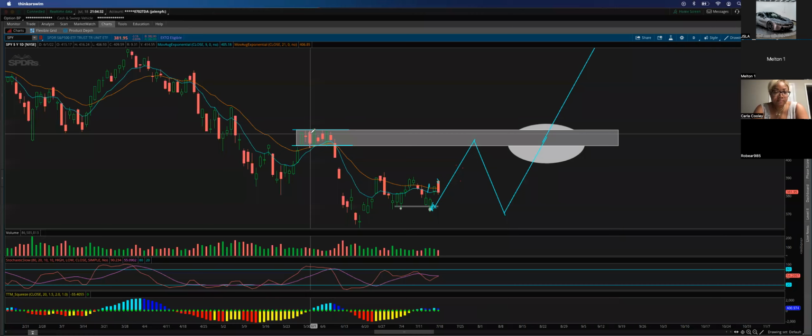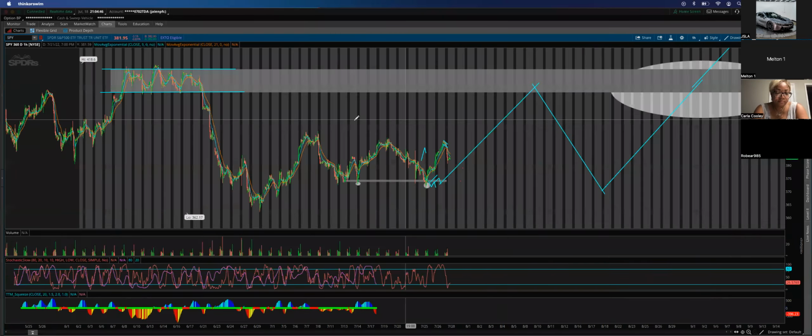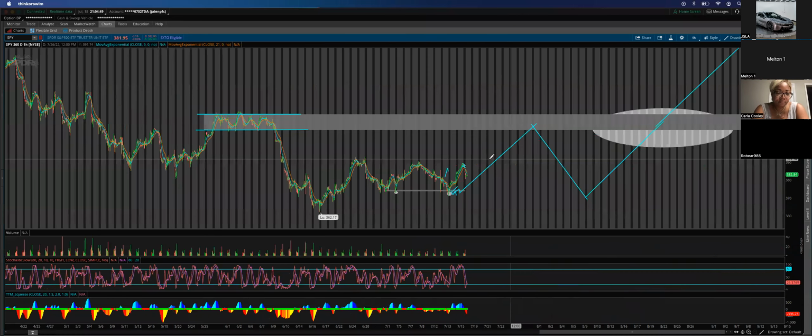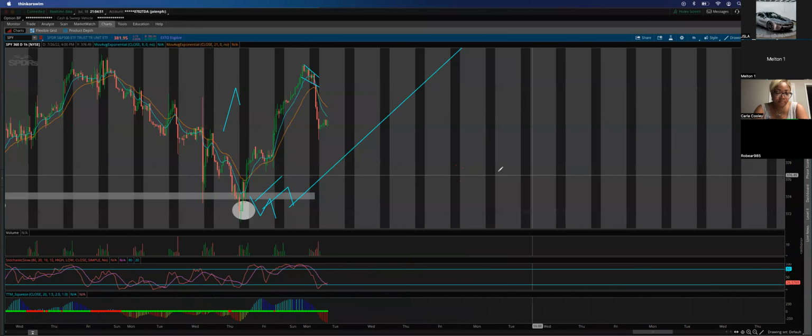Somebody asked, can I show an example of the patterns forming outside the zone? Let's see. In a way, we can say that today on SPY, it was a big double top on the entire zone. Hold on, I gotta go to TradingView, guys. TradingView is a lot cleaner.